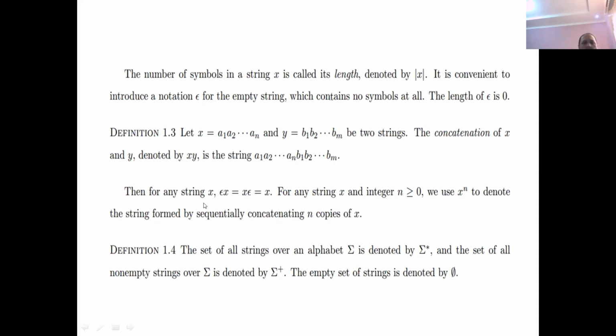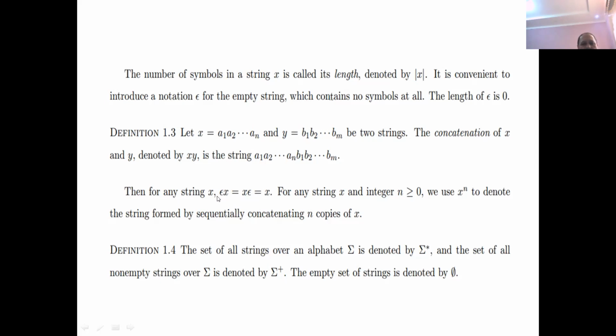So it means that for any string x, x epsilon equals x.